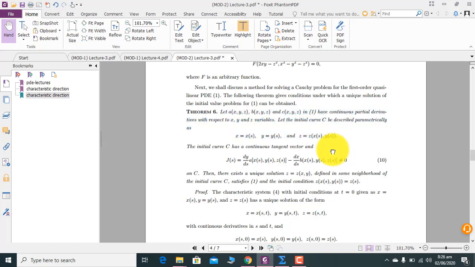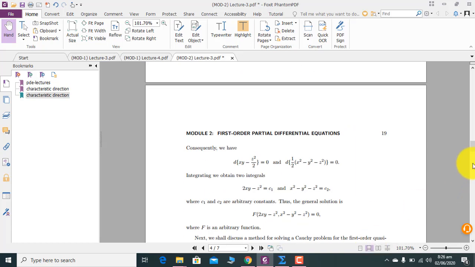The characteristic curve is parameterized with respect to the parameter t, and the initial curve is parameterized with respect to the parameter s. So let the initial curve be parametrically given as x of s, y of s and z of s. This is the curve through which your surface passes.